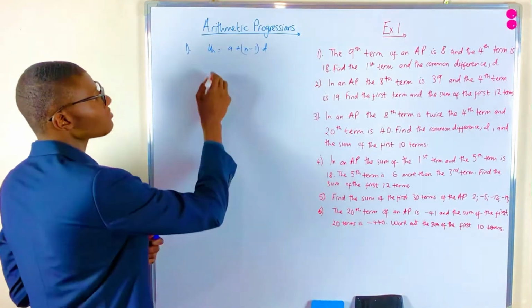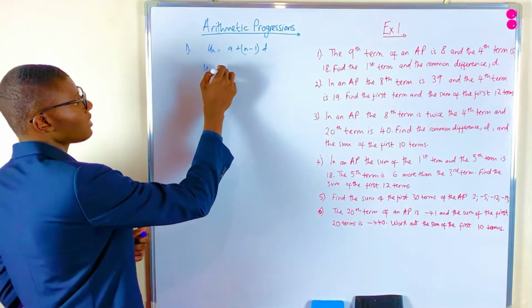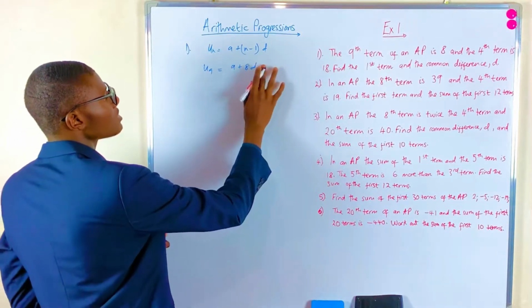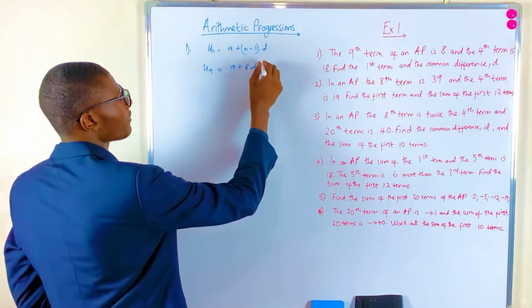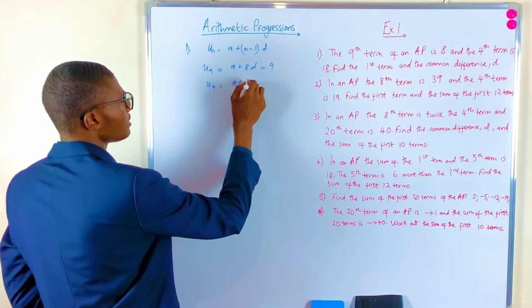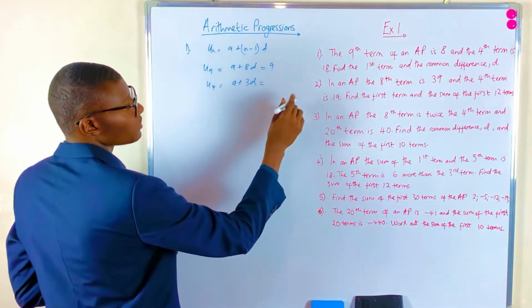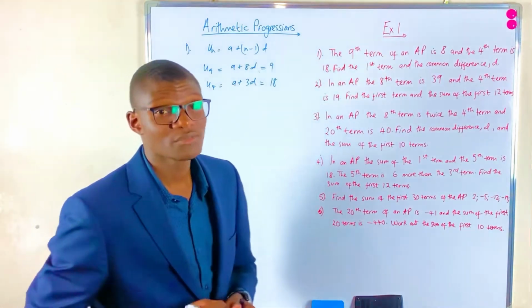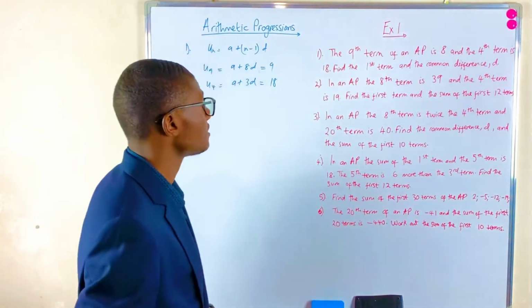This implies that the 9th term is a plus 8d, and we're told this is equal to 9. The fourth term, which would be a plus 3d, we're told is equal to 18. We're asked to find the first term, which is a, and the common difference, which is d.